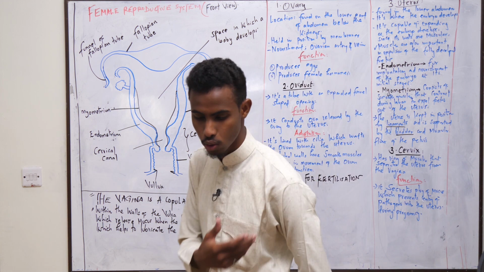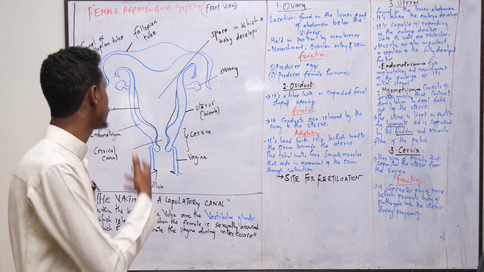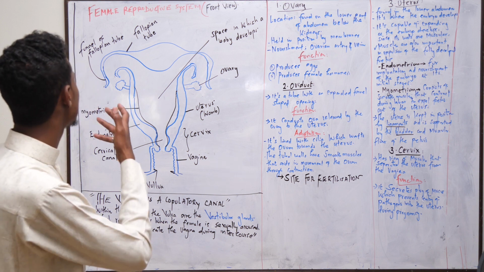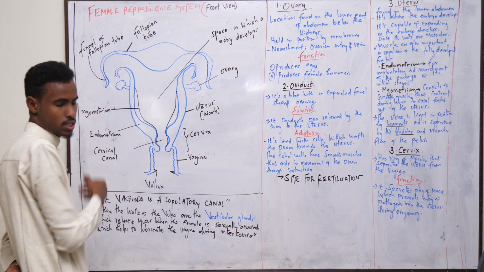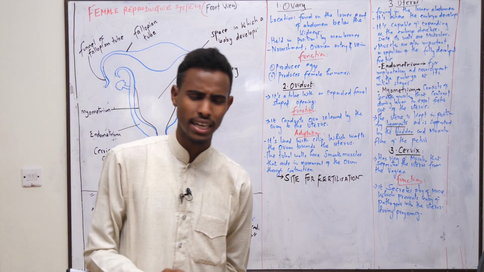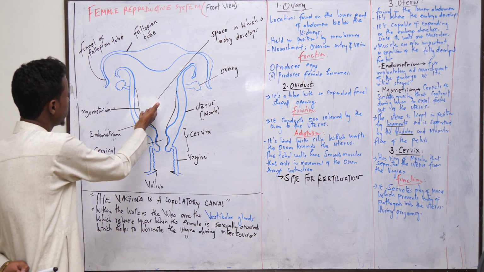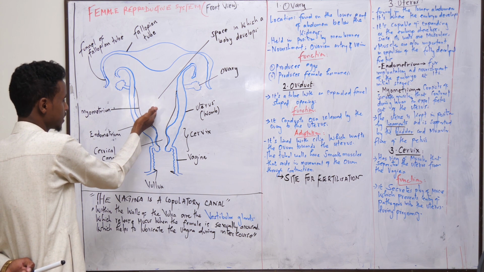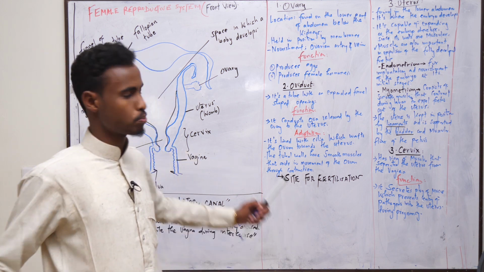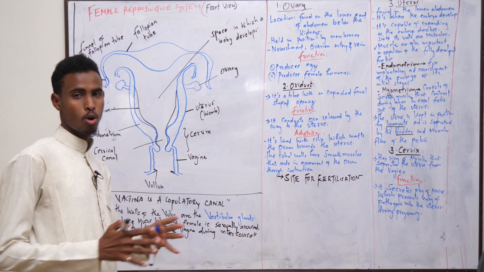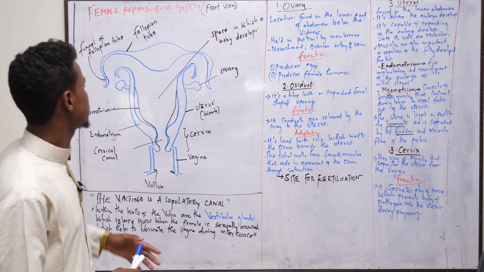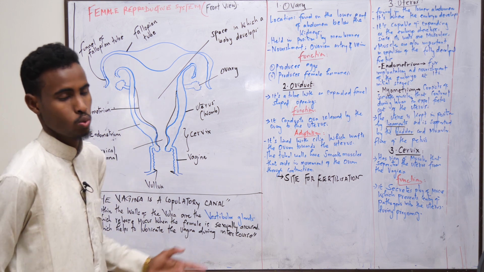Now let's go to the next one, the uterus. The uterus is also found on the lower part of the abdomen, and it is where the embryo develops. The uterus is capable of expanding as the embryo develops, since it has muscular walls which can expand.